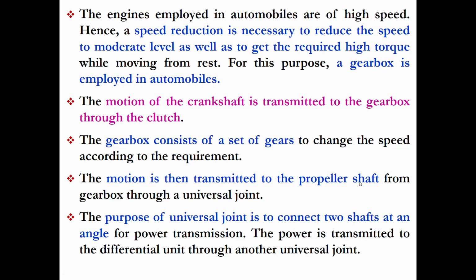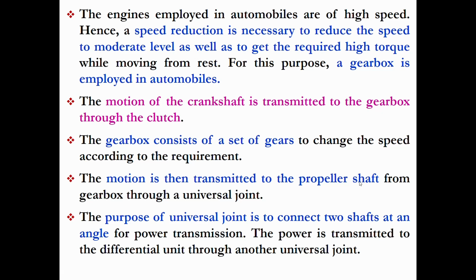The motion is then transmitted to the propeller shaft. The propeller shaft transfers the power from the gearbox to the differential. Now, the purpose of the universal joint: in the propeller shaft, we can see a universal joint at both of its ends. The universal joint helps us to transmit the power at an angle.